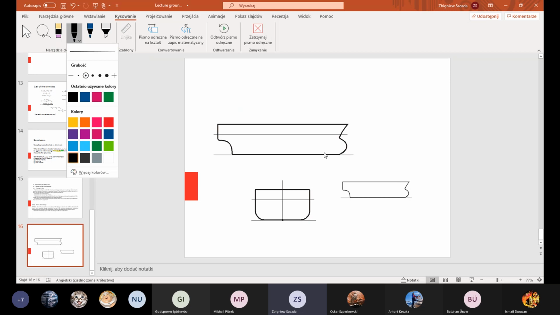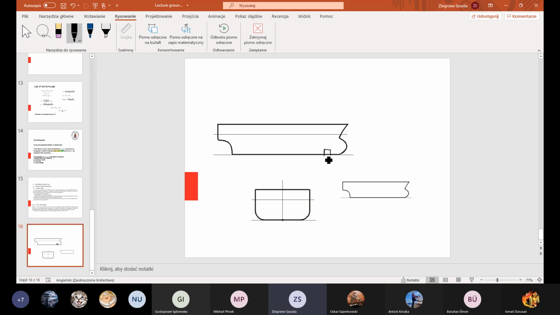Here is the weight we want to discharge, position of the center of gravity. Here is the center of flotation, and the moment that has been created by discharging the weight from XP will be the weight.